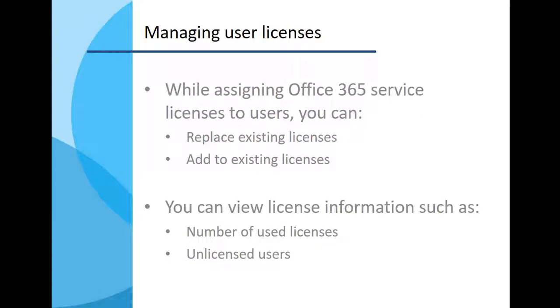While assigning O365 service licenses to your users, you can choose to replace existing licenses, or you can choose to add licenses to your users. Licensing your users for O365 services simply means that those users are going to be able to use those services of O365 that you've licensed them for.